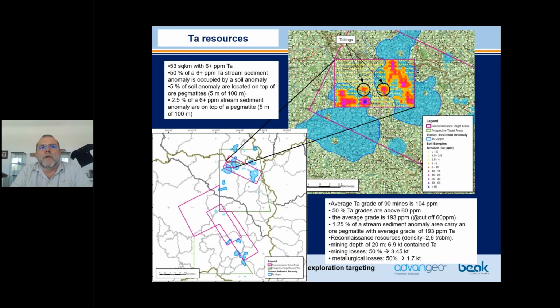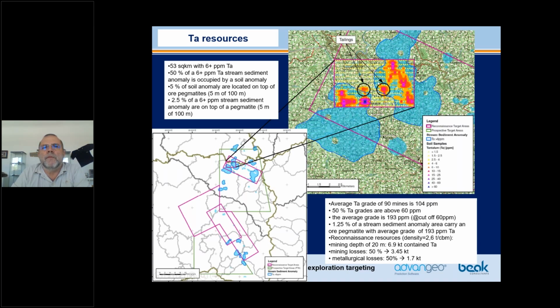Now, somehow we need to estimate the possible resources. So we have, for instance, here an area of 53 square kilometers with a grade of more than 6 ppm of tantalum.